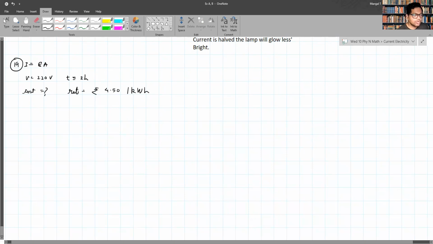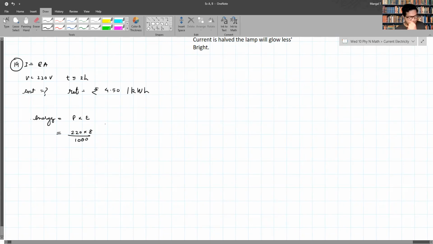So I want to know the number of kilowatt hours consumed over here. So we know that the energy is I square RT. So this is 8 into 8 into 220. Wait, we don't have R. So we have V. So we know that power is equal to V into I. So power into time: 220 into 8.